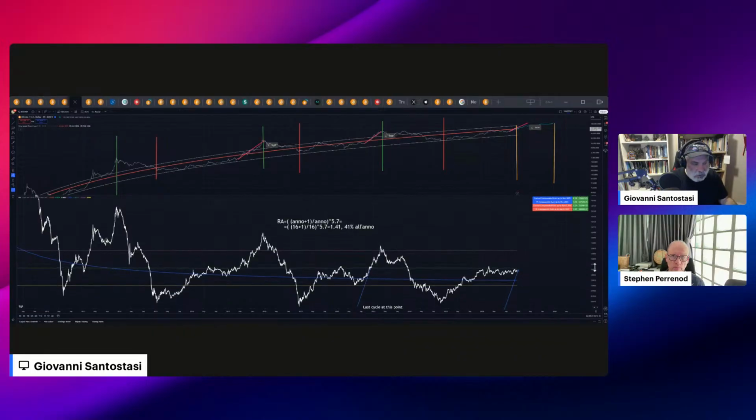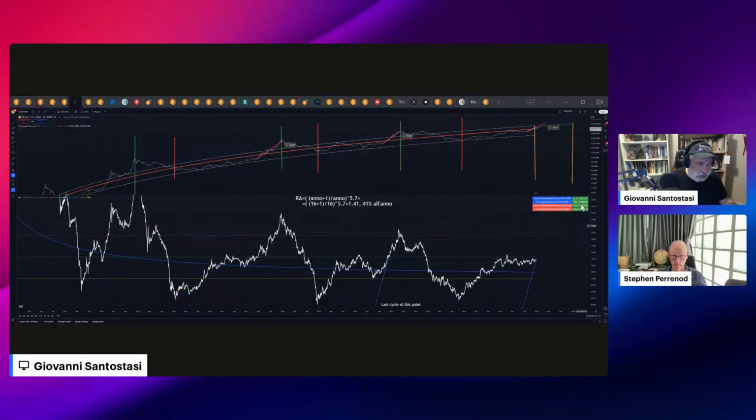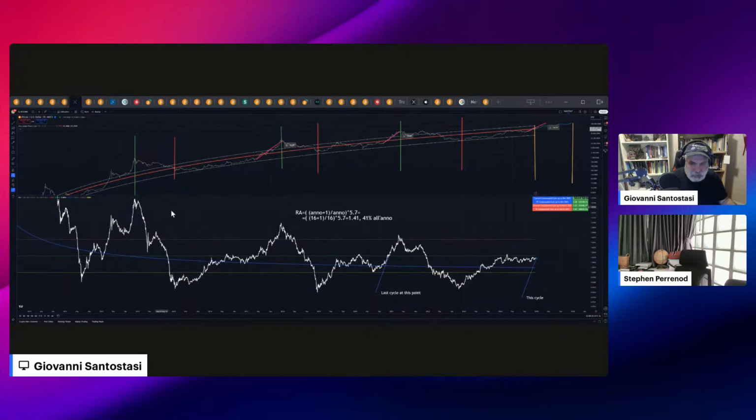And the idea is that you could also use this as another way of calculating the next top. I could take the logarithm, and then again there will be some kind of exponential decay of these peaks using returns, and then you can extrapolate and say, okay, how big the returns will be at the end of the year, next year, and then you can use that to calculate how big the top is, and you get a very similar, very close result.